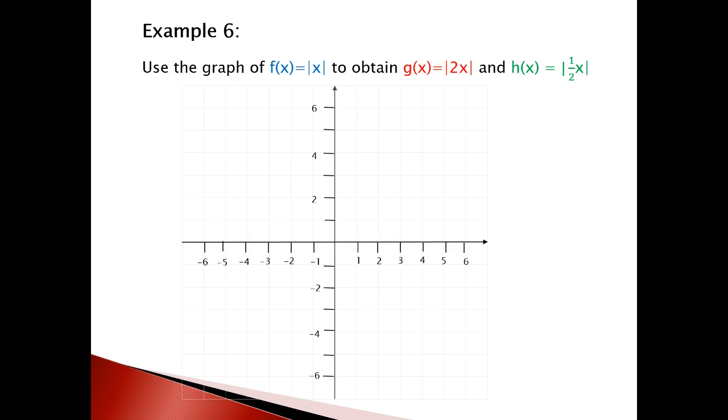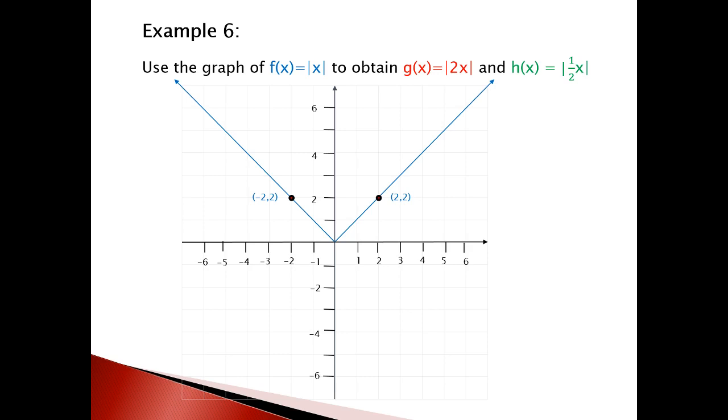As you can see, our main graph is always the absolute value of x, and using this we have to obtain g of x, which equals the absolute value of 2 times x. Here, c is greater than 1.